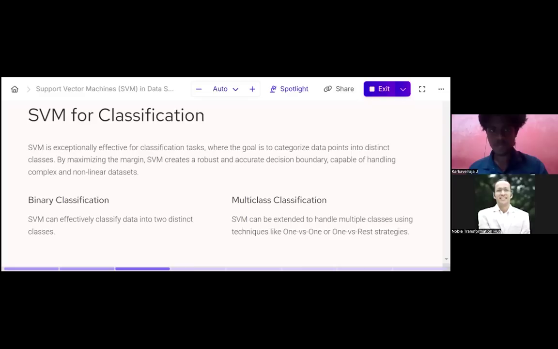So that is the fundamental. The basic elements were these three, with which we make the SVM.